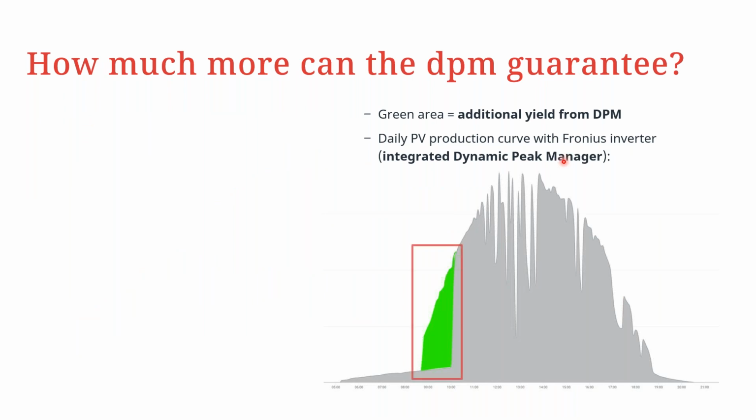So the question is, how much can this Dynamic Peak Manager guarantee? In the area graph that we looked at, the yield was lost between 8:45 and 10 a.m. But with the Dynamic Peak Manager, we have this yield, the area shaded now in green, that you can be guaranteed even when your array is shaded.